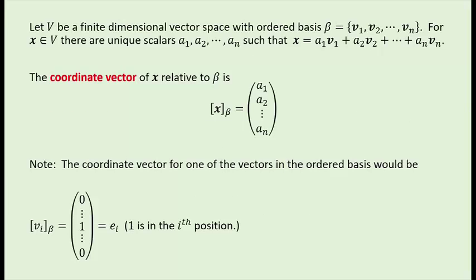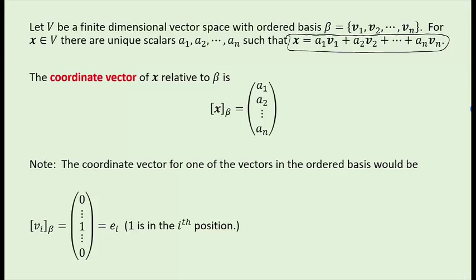We have to define what we mean by a coordinate vector. Let V be a finite dimensional vector space with the ordered basis consisting of vectors v1 through vn. For x in V, we know there are unique scalars such that the vector x is written as a linear combination of the v sub i's.